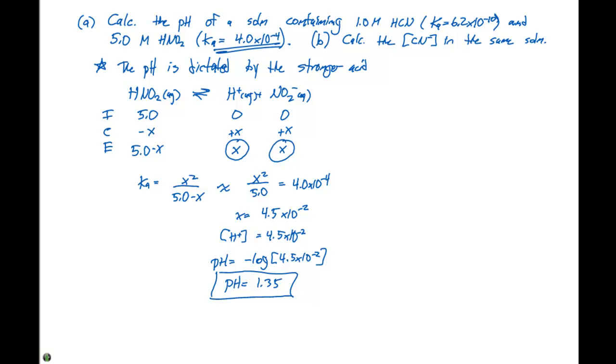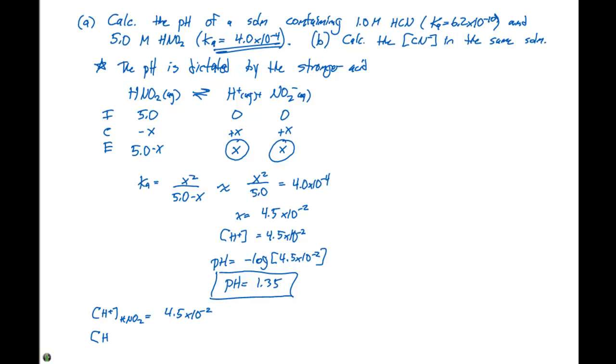Now, you might be asking yourself, why can we completely ignore that HCN value? So we know that our H plus concentration at equilibrium from HNO2 is going to be 4.5 times 10 to the minus 2.